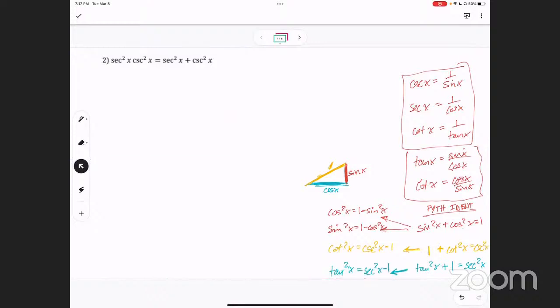Okay. So remember, I start by writing the left side. Secant squared x cosecant squared x equals, and then at the bottom, I write secant squared x plus cosecant squared x. I'm going to give myself all that room. So here's the trick with these. It's kind of like a puzzle. Do you see how these are being multiplied together?